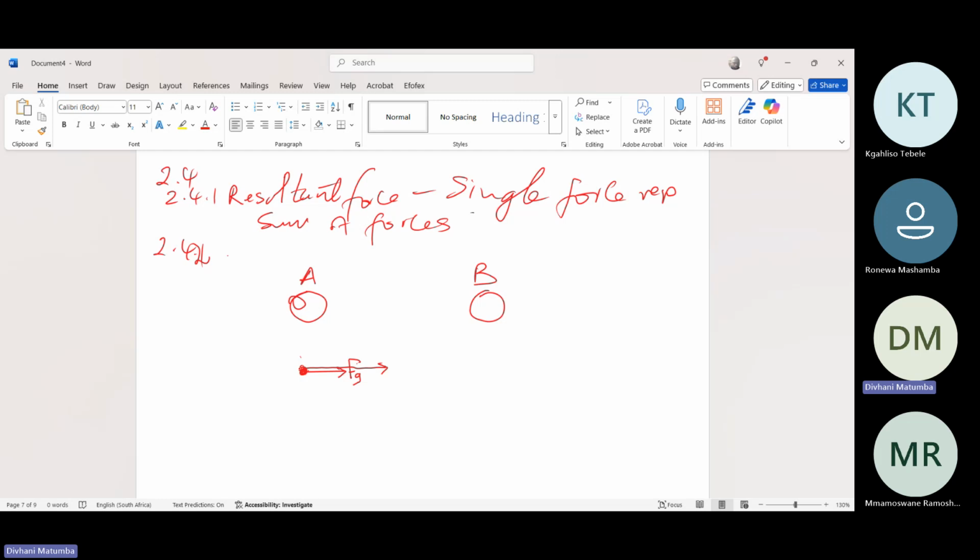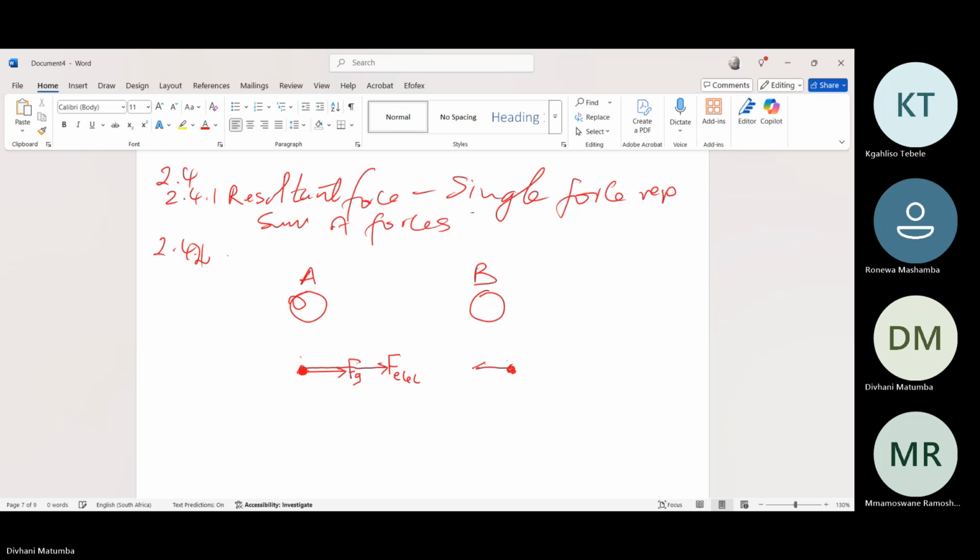Unlike charges attract each other. A positive and a negative will always attract each other. So this will be the electric force. The same thing with B.